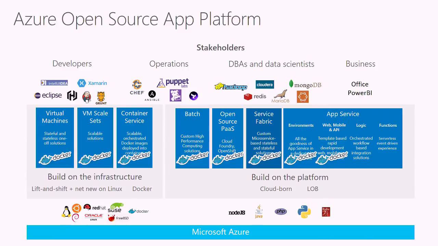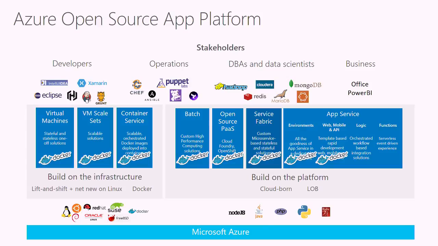the stickers, but this is all the compute offerings that we have on Azure. You can run virtual machines, you can run virtual machine scale sets for scale out, previously only stateless solutions, but we just updated scale sets last week with the capability to attach disks, so you can now scale out stateful workloads as well. We have Azure Container Service, which we talked about.